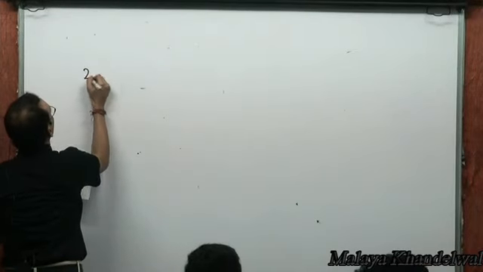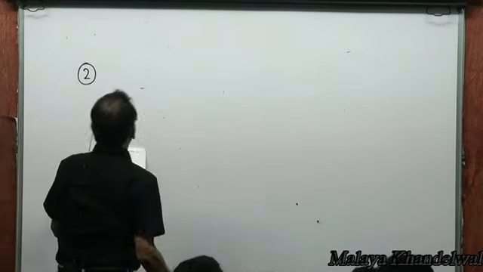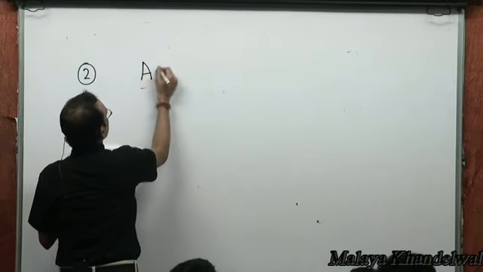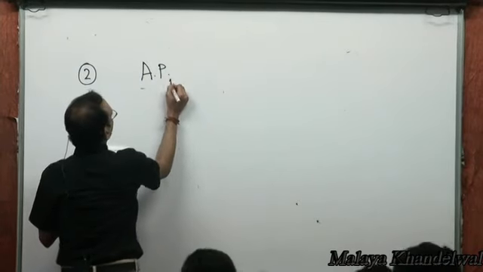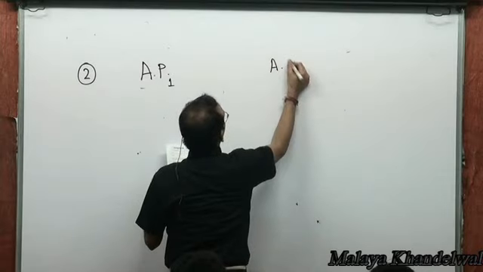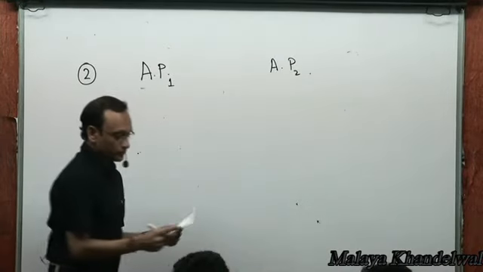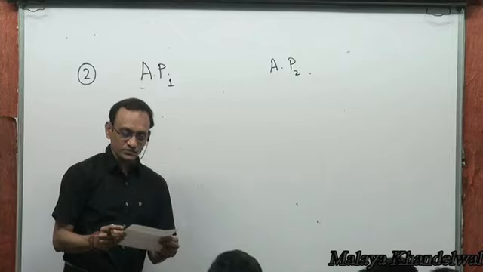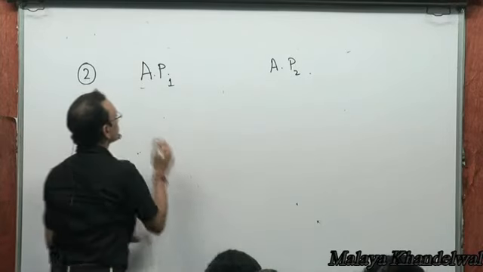Now, number 2. There are two arithmetic progressions, AP1 and AP2. And what's given is the sum of n terms of the two APs.